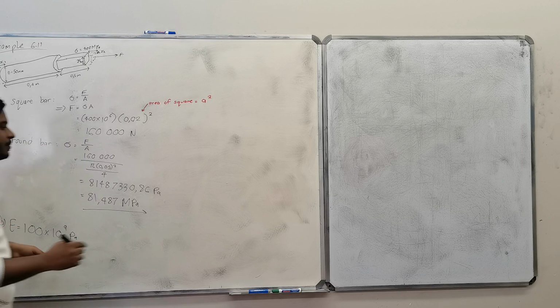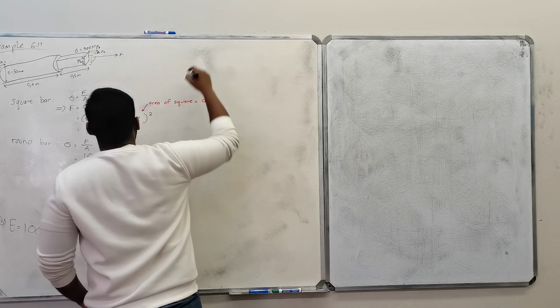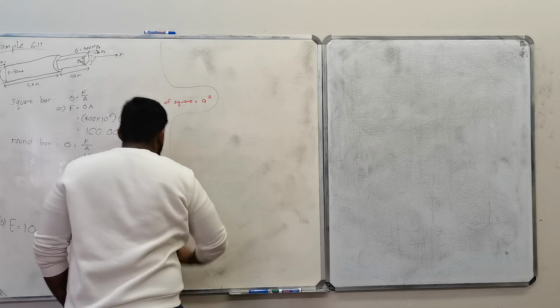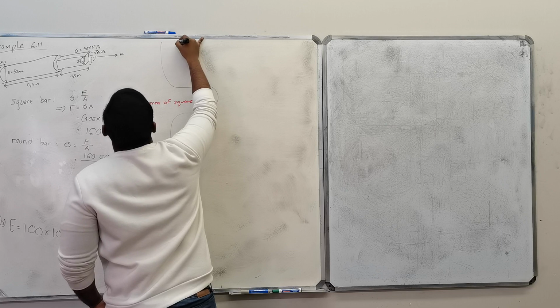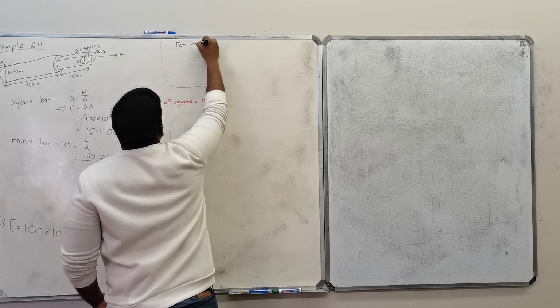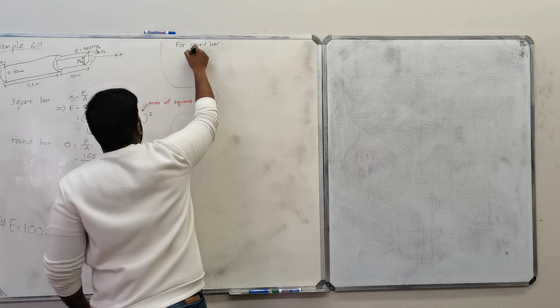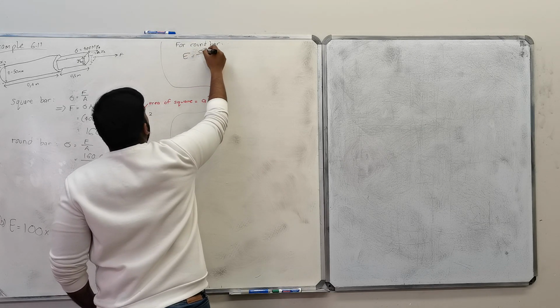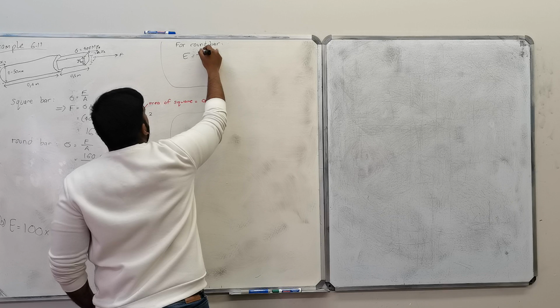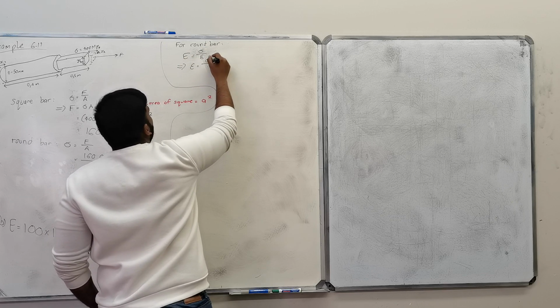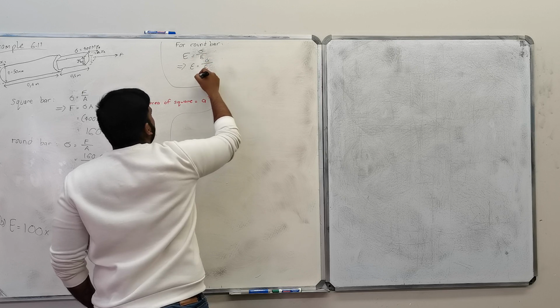So for the round bar, we want to work out the strain. Young's modulus is equal to stress over strain, so your strain will be equal to stress over Young's modulus.